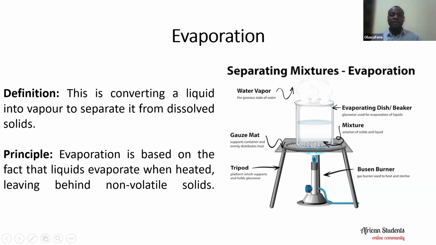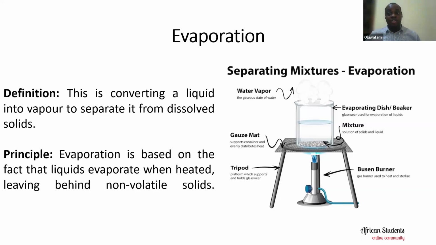And in talking about evaporation, I've defined what evaporation is, and I'm going to define it all over again, just to make up for the bad network. Now, I said evaporation is the conversion of a liquid into vapor to separate it from dissolved solid. When you have a solid dissolved in a liquid to form a solution, and you want to separate the dissolved solid from the liquid, we said we can use evaporation.